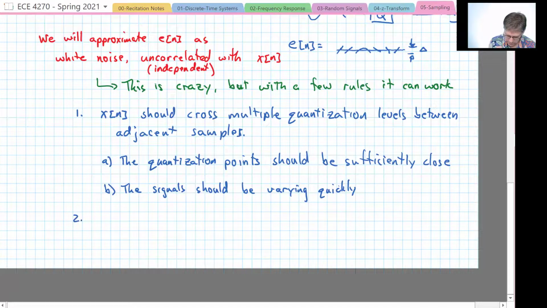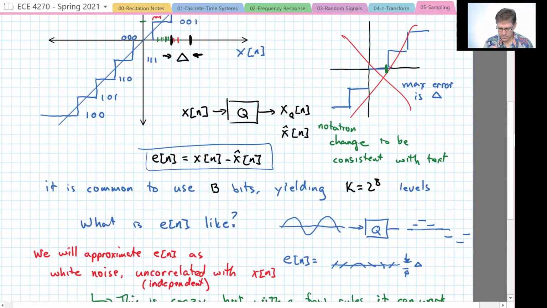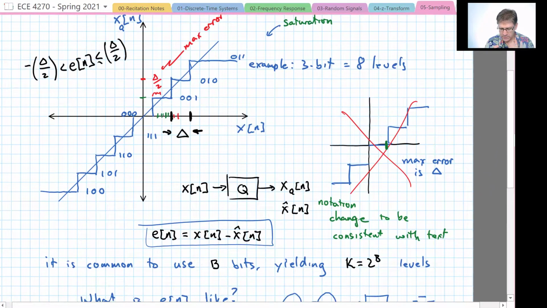And 2, we can have no saturation or overflow. So saturation occurs when the input signal is so large that we max out our representation.